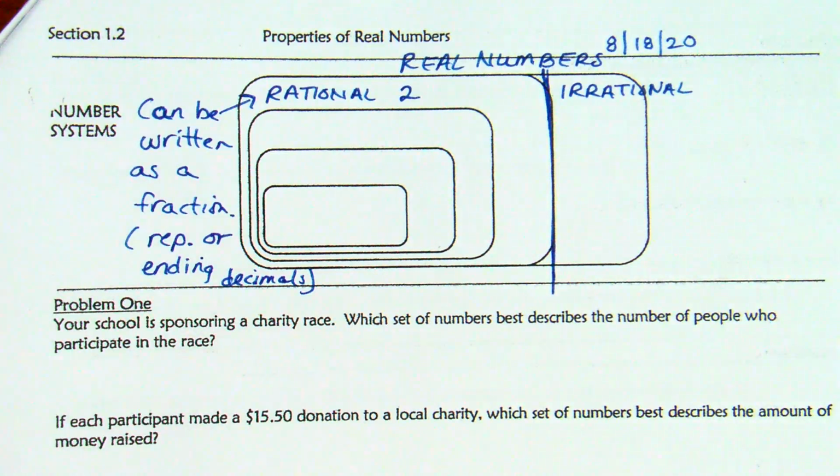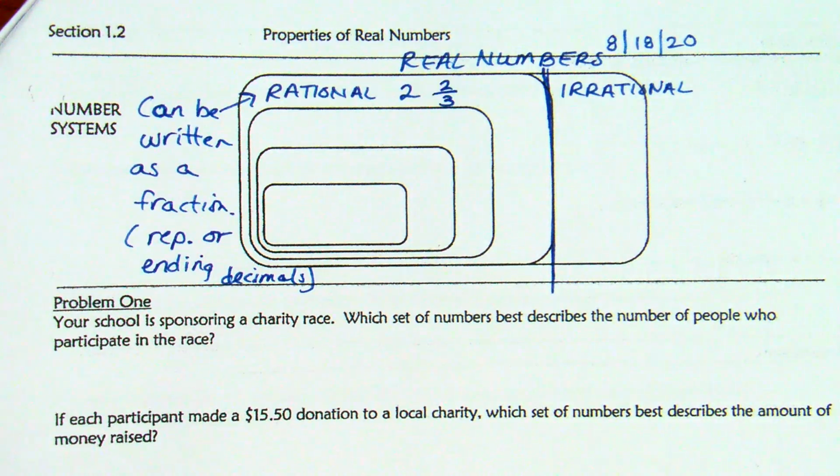What are some other forms that are rational? Can I include something like 2/3? 2/3 is a fraction, right? So since it is a fraction, that definitely makes it rational. What about the decimal 0.25? Can I include that?